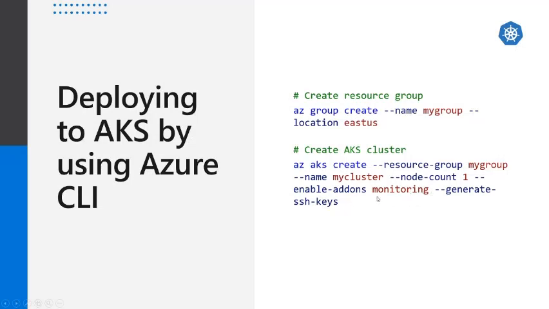Simple. The az aks create command creates the AKS cluster. This example creates a cluster with one node and enables features such as container health monitoring by using the enable add-ons monitoring parameter.